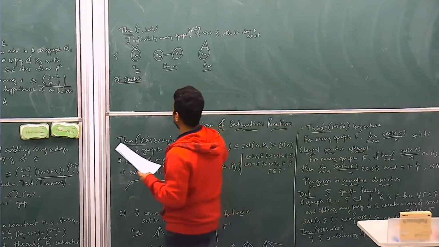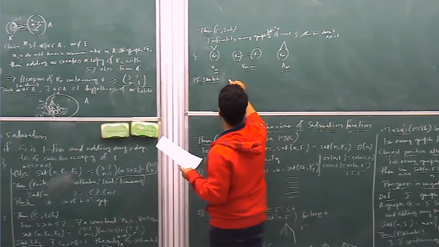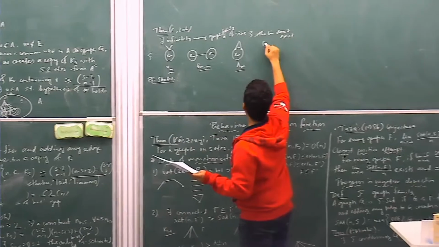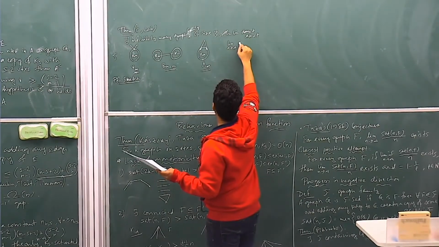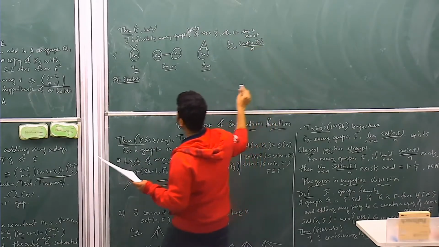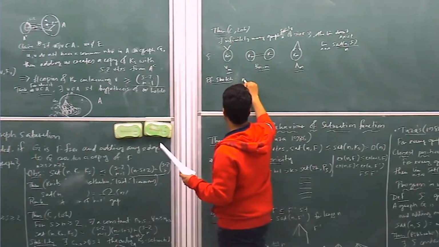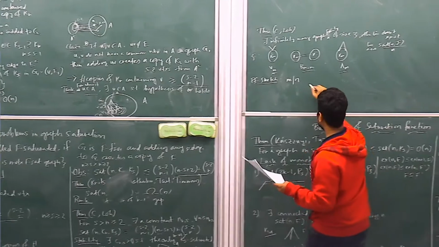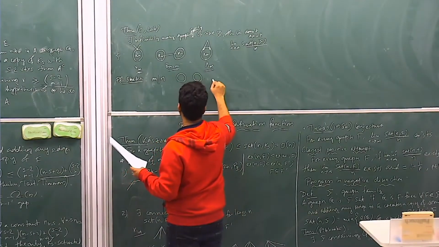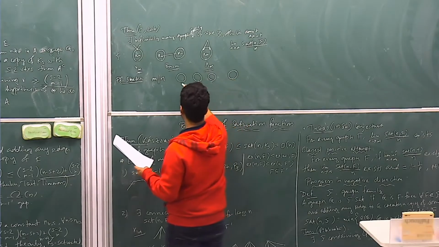So we care about sat(n, F), right? So this limit. If m divides n, then what can we do? We can take just the disjoint union of K_m's.